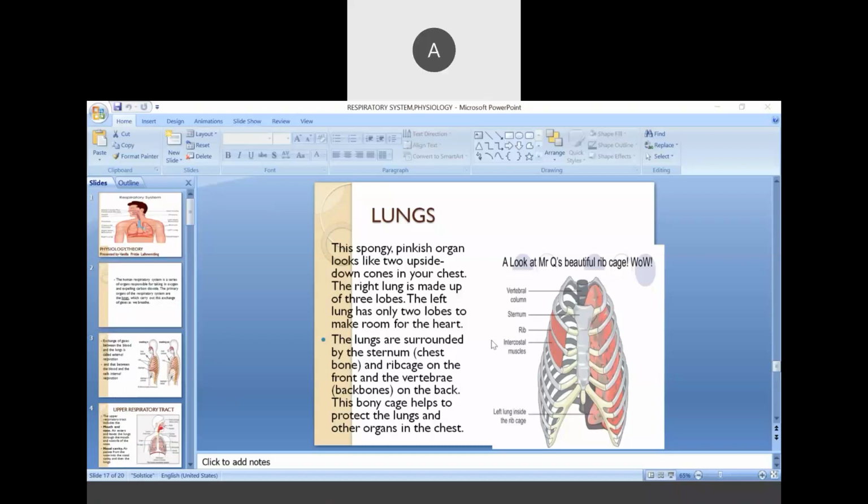Okay, then tell me about the lobes of the lung. Lobes. Do you know? No, ma'am.